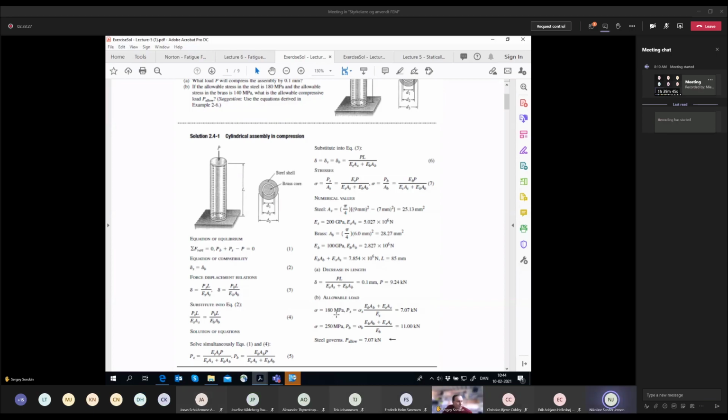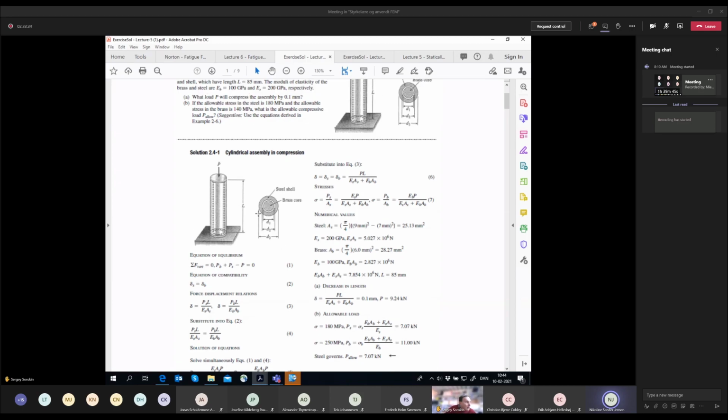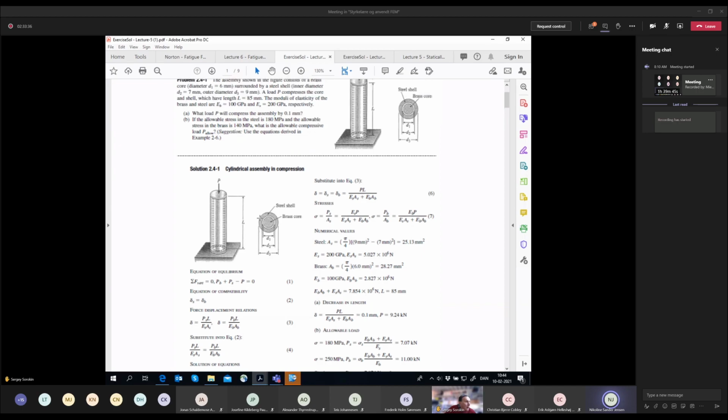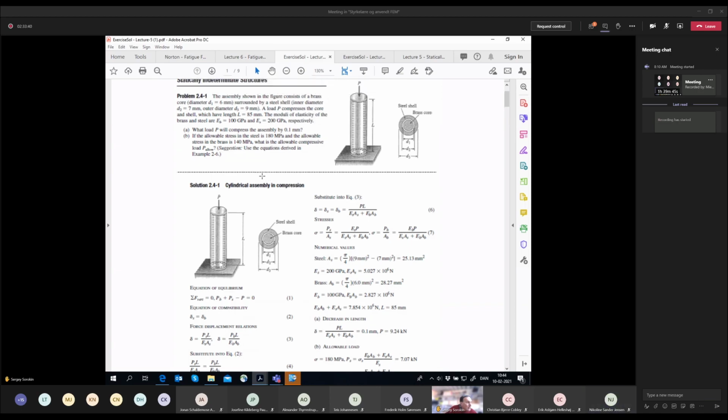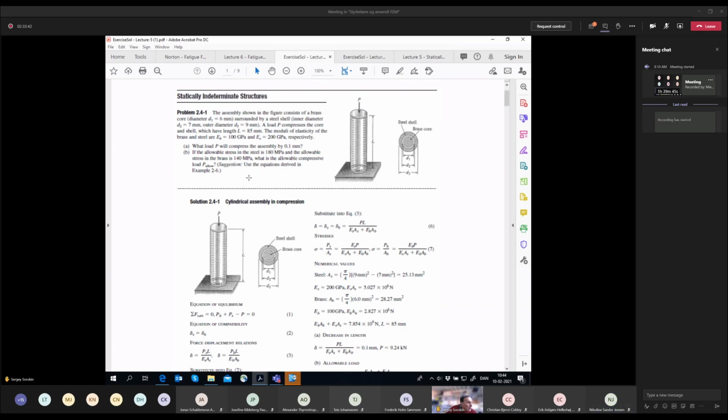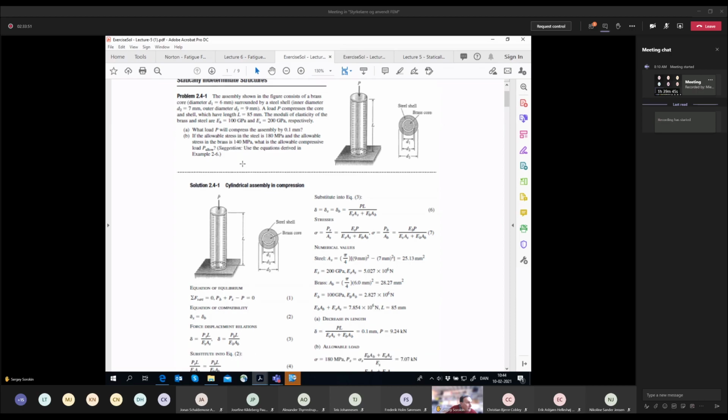Sergey, where does the 250 megapascal come from? Because I think the text says 140. I'm a bit confused about that. Yes, just let me see. This is a very good question. Here indeed it says that in brass it is 140.